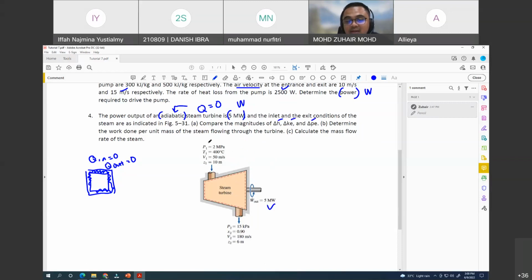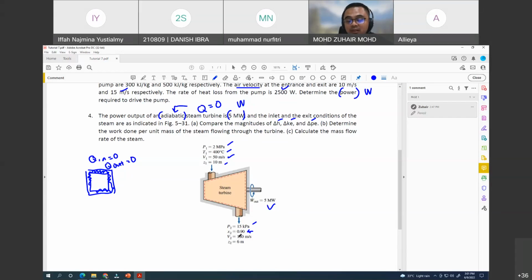Very interesting, because now for question 4, all the elements in the general equation need to be calculated, because we have the pressure, we have temperature, we have velocity, we have height. For P2, pressure, we have X2, which is the mass fraction. Whenever we have this, we need to consider the way to calculate based on the mixture of the gas and the liquid.